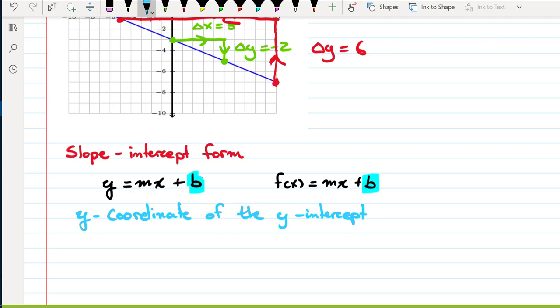And as we talked about before, our m is going to be our slope, or our rate of change. So this is something that we want to keep a lookout for. If we ever hear rate of change, what we're really talking about is a slope.